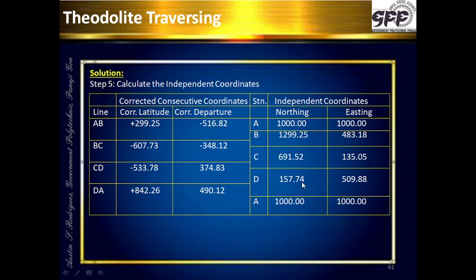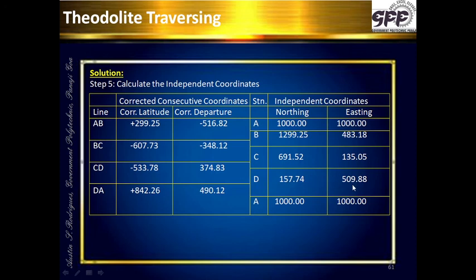So 691.52 minus 533.78 gives me 157.74 as the northing of the point D. Similarly, easting of the point D can be obtained as easting of the point C, that is 135.05, plus the corresponding departure of the line CD. So 135.05 plus 374.83 gives me 509.88 as the easting of the point D.